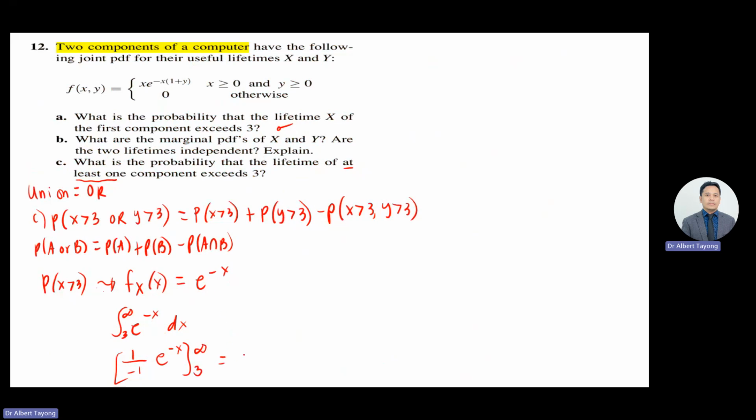So this is going to be negative 1 times e raised to the power of negative infinity, because 1 over negative 1 is negative 1, and minus, we have negative 1 times e raised to the power of negative 3 here.